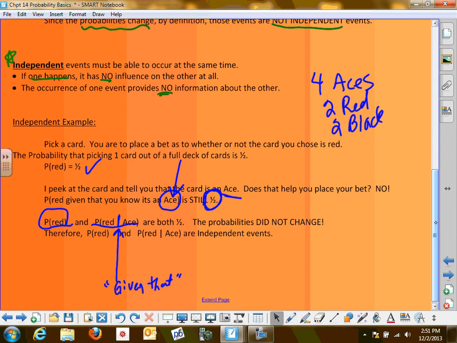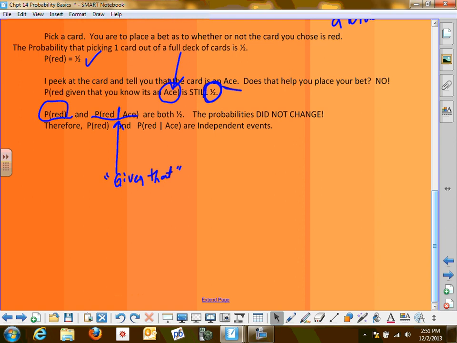Alright, so here is this. Watch. Do you see this line? This line here is a way of notating the words given that. So what this is saying is that the probability of red is 1/2.